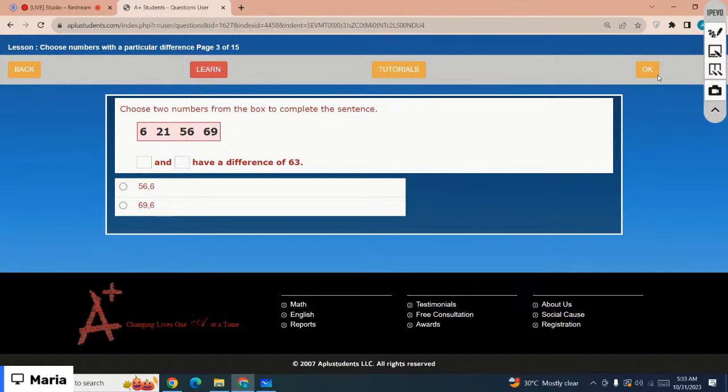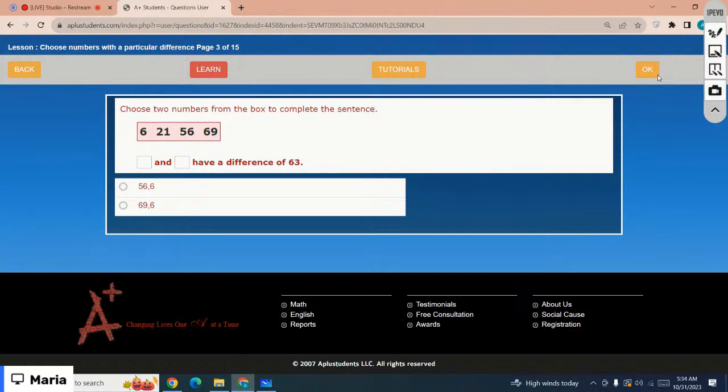Which is the correct option? Which two numbers have a difference of 63? Which is the correct option?